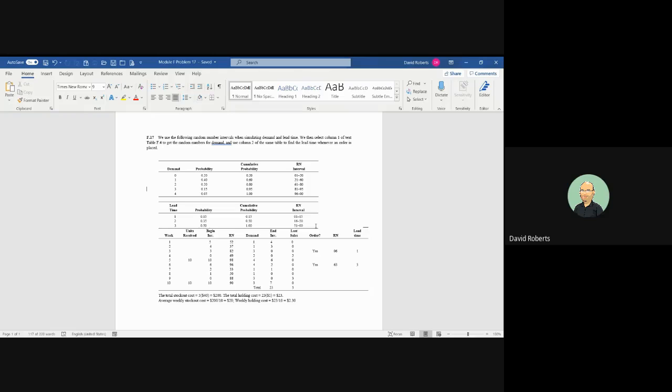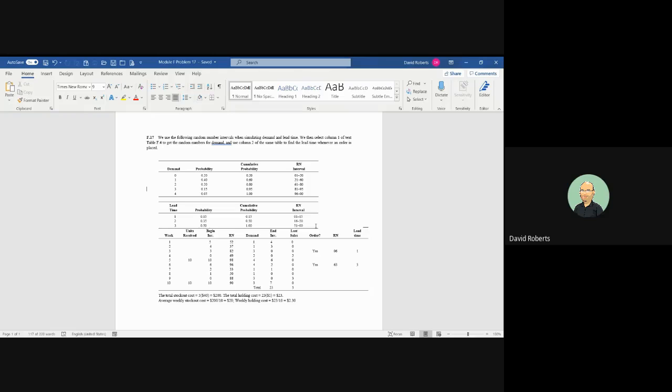A 35% chance that the product will arrive in 2 days, so any random number between 16 and 50 has a lead time of 2. And a 50% chance the lead time will be 3 days, so any random number between 51 and 100 gives a lead time of 3 days.